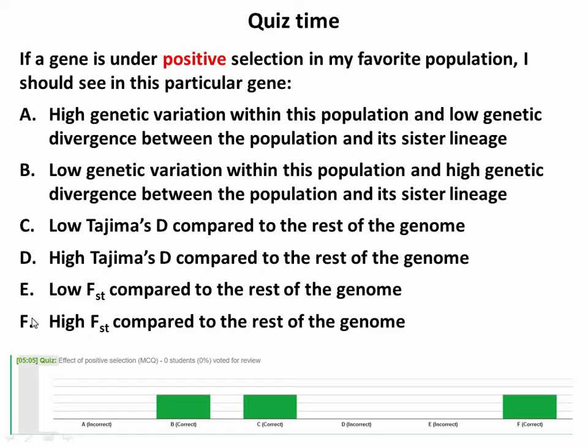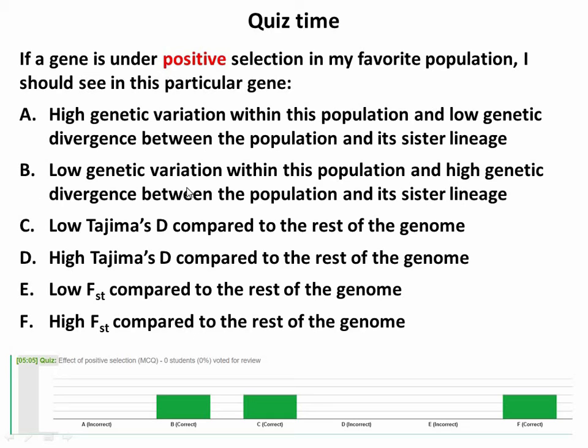And last is exactly the same idea. F, same idea as B, precisely is what FST is measuring. It's comparing the intra-population variation versus the divergence. And if the divergence is much higher than the intra-population variation, then you will have high FST.